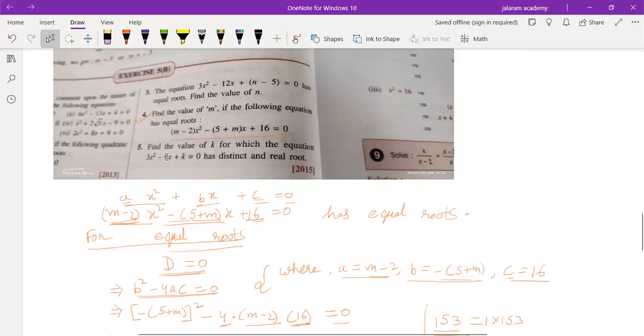Okay, though you have not asked. Find the value of k. This is also from concise 5b. Find the value of k for which the equation 3x square minus 6x plus k equals 0 has distinct and real roots. Okay.